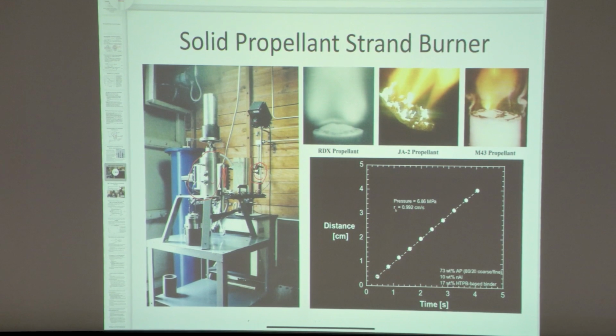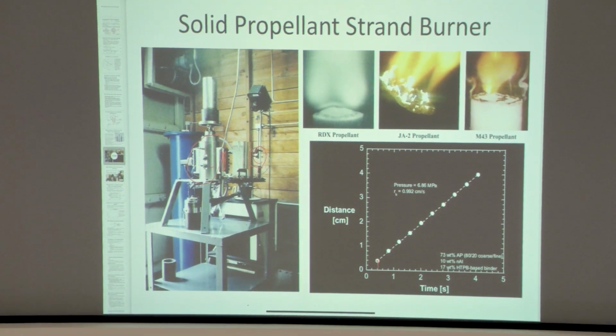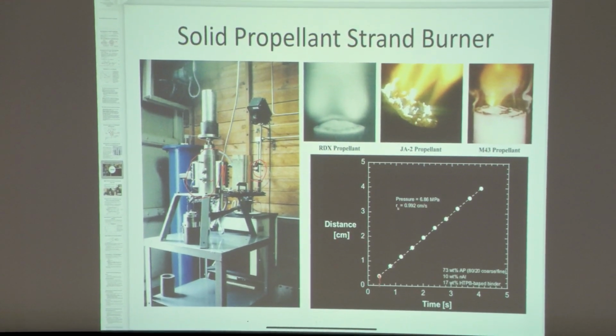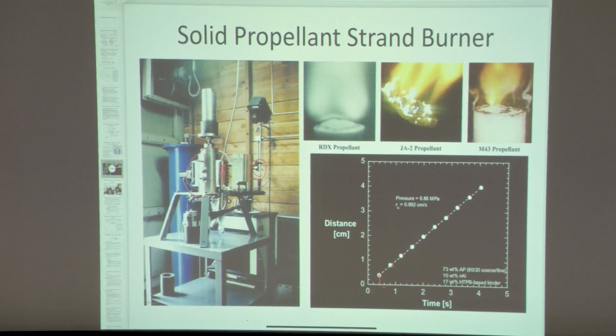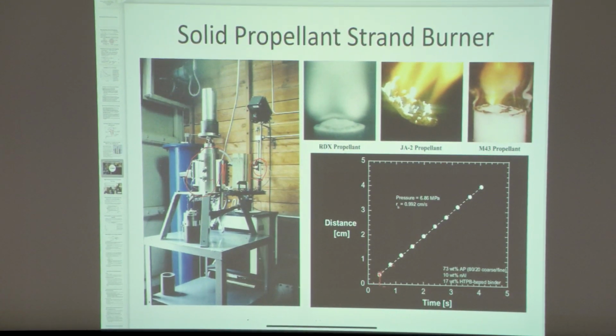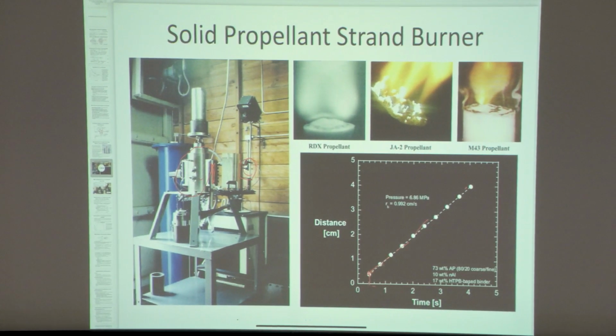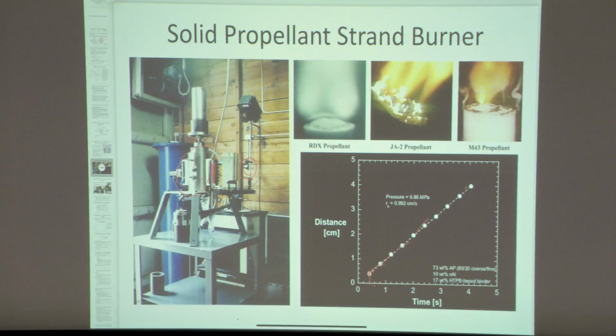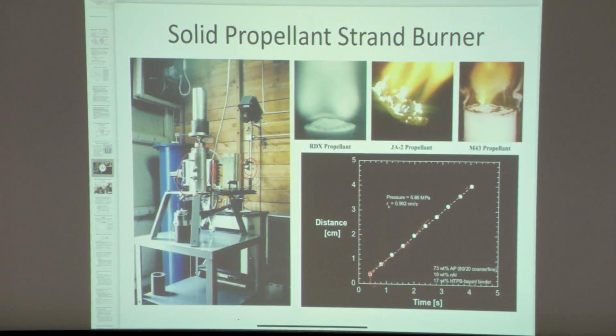We'd pick a particular location, and from the film we'd know the time, go to another location, see what the time difference was, and we'd make a plot of this XT, and the slope of that obviously is the burning rate. What this tells us right away is if we don't get a linear profile, we know we don't have a steady burning rate, right? And so that data would not be good, and we'd have to understand why it's not burning quasi-steady.